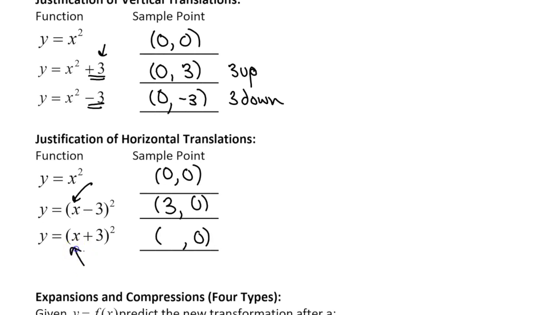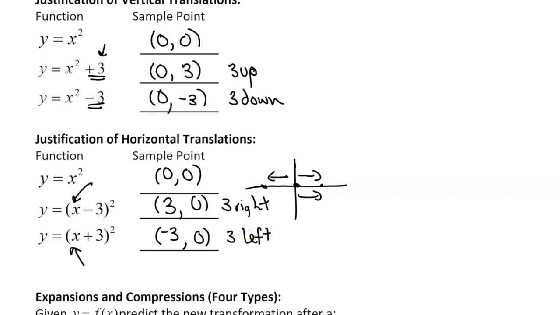And here, if I put in a negative 3, I produce a y value of 0. So in other words, if I used to have the point 0, 0, and I've now shifted over to 3, 0, I've gone 3 units to the right. And if I go to negative 3, 0, I know that I've gone 3 units to the left.